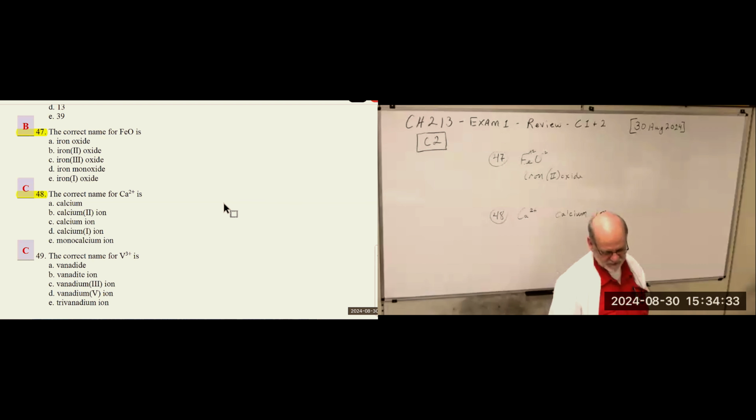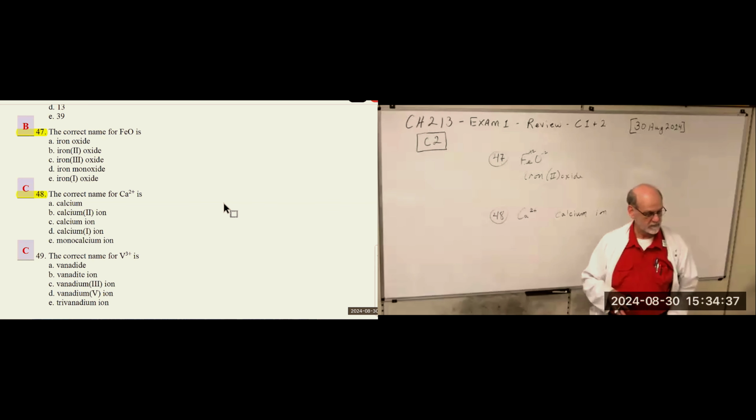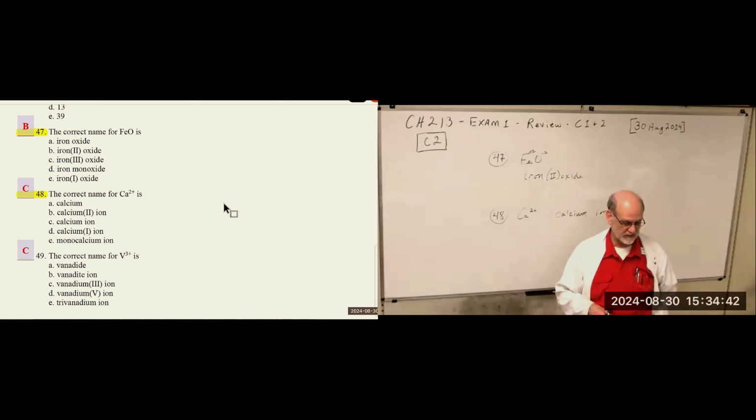So calcium ion, C, is the correct answer. B, calcium(II) ion, is redundant. Calcium is not an ion; we need to say ion. And we don't say how many of them either. Monocalcium ion. It's just a calcium ion, period.